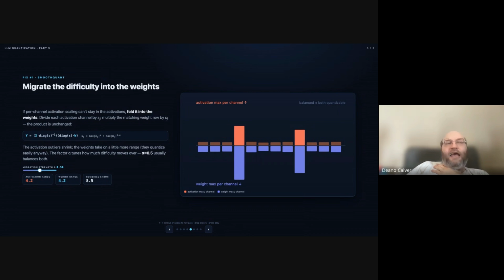If we can't scale the activation per channel, we can scale the weights channels, because ultimately this is a matrix multiply. Both values go into the matrix, get multiplied and added together, so you can actually change the other one to affect the activations, almost the inverse of what we're doing with AWQ, where we look at the activations to decide what to scale our weights.